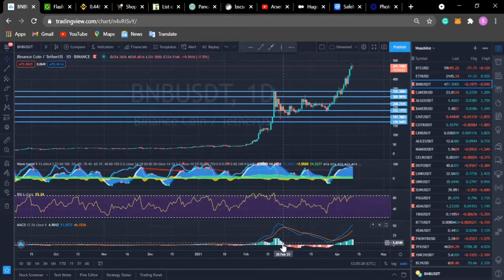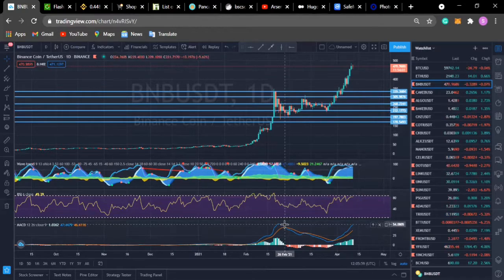Now, what else you need to start looking out for is the volume that is being traded. This indicates the volume, the momentum of the volume, and how far the wave has grown.